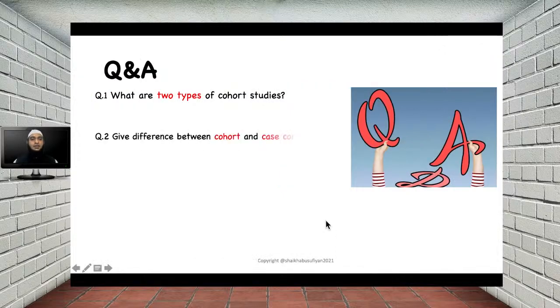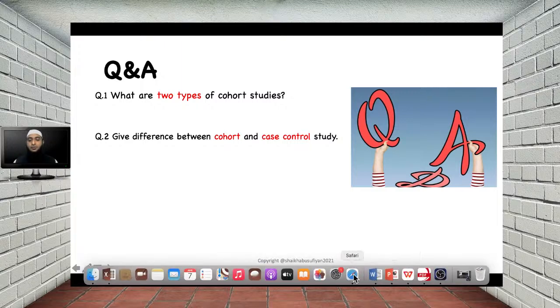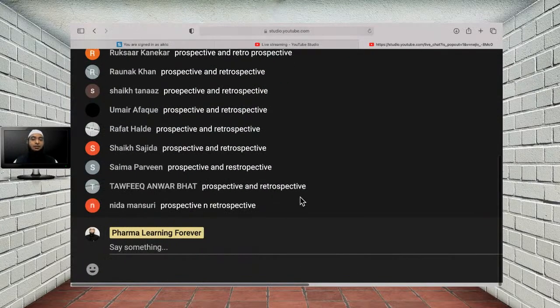My second question is, give the difference between cohort and case control study. So we have seen the major difference between cohort and case control study. Now just let me know what is that difference between cohort and case control study.